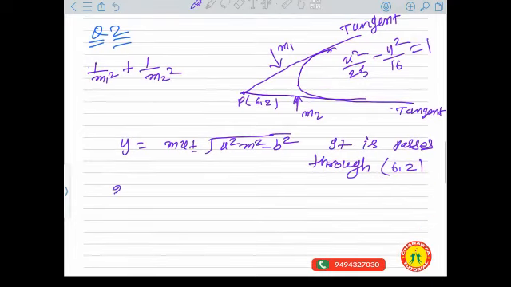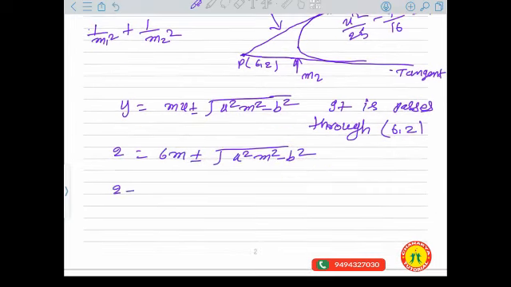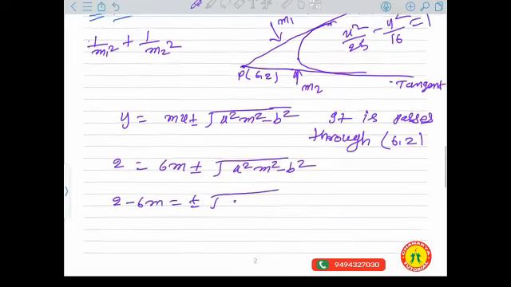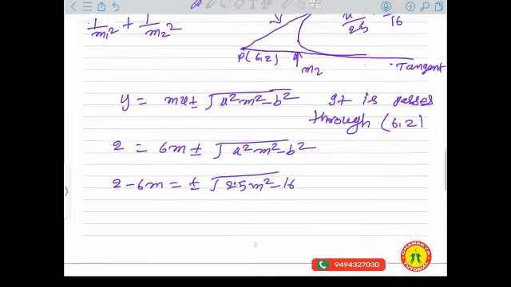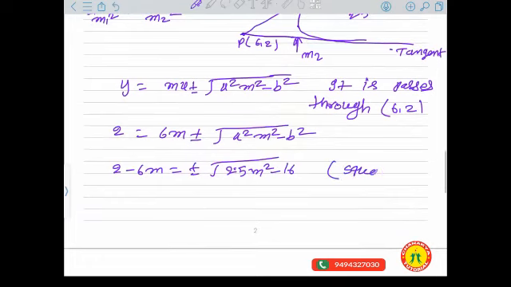So 2 is equal to 6m plus minus root under a square m square minus b square. So 2 minus 6m is equal to plus minus root under a square m square minus b square. A square is 25, b square is 16. So now squaring both sides.